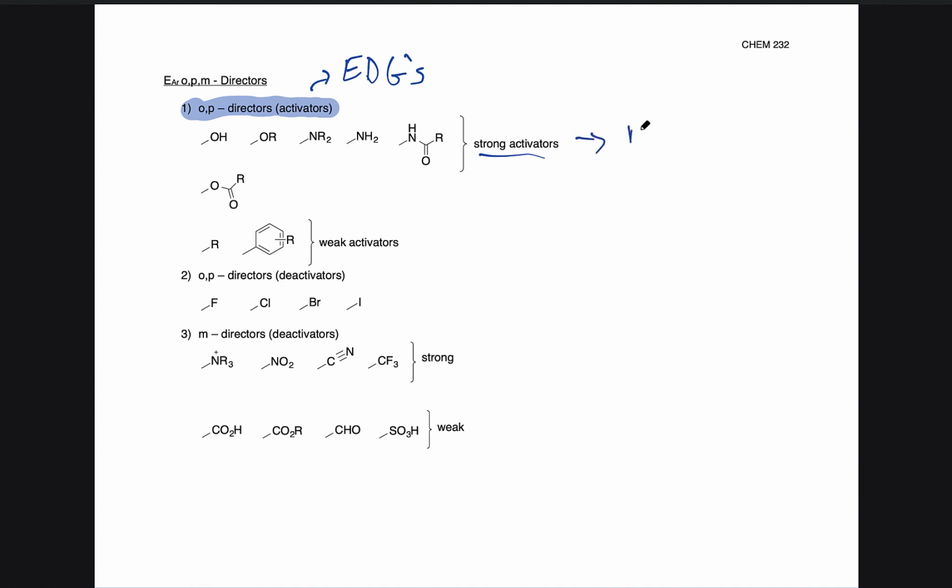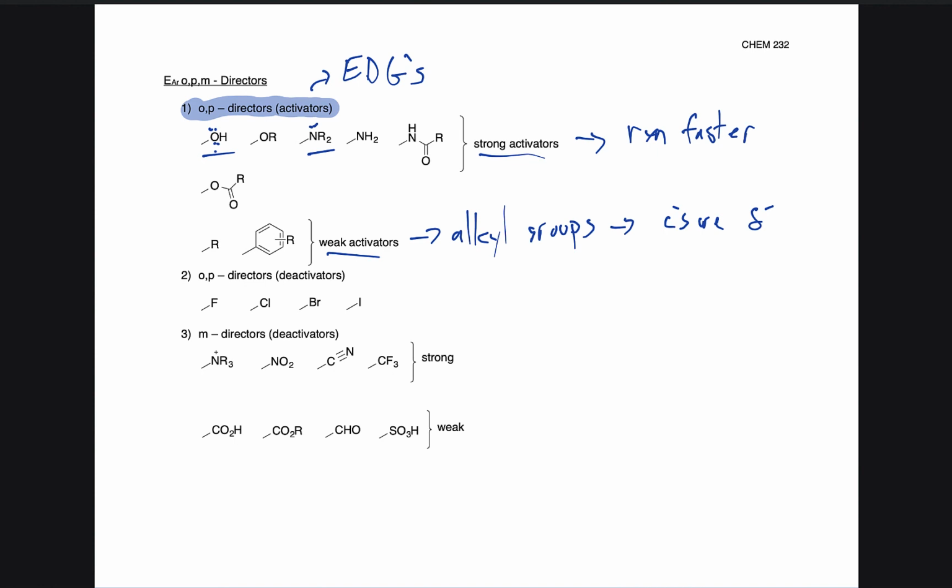So this makes the reaction faster. Groups like OHs, nitrogens, these make the reaction go faster. They have lone pairs that are ready to donate, right? And weak activators are things like these alkyl groups, where they don't make resonance structures, but these carbons are slightly partially negative, so they donate weakly. So it makes the reaction faster, but not as fast as the strong activators.